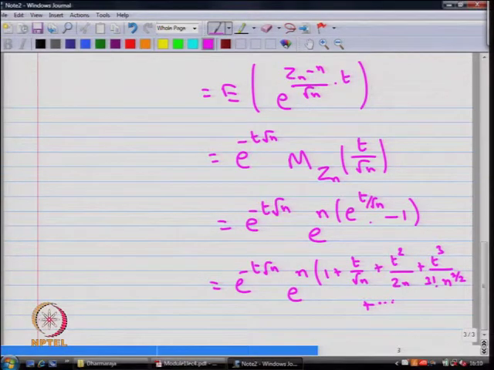So this is the expansion of e power t by square root of n minus 1.